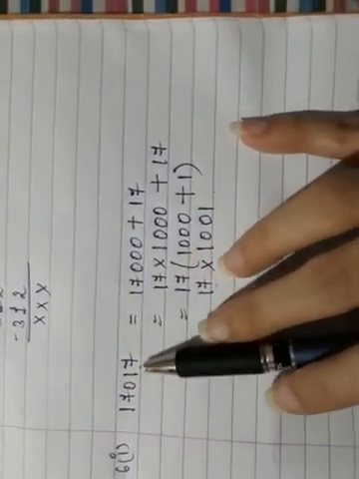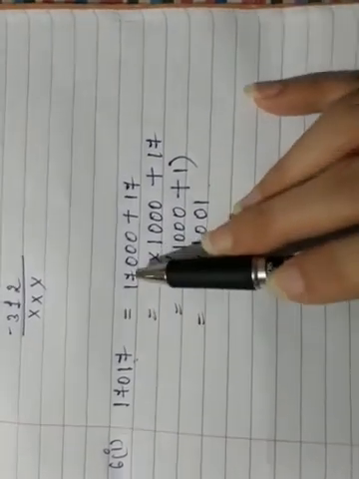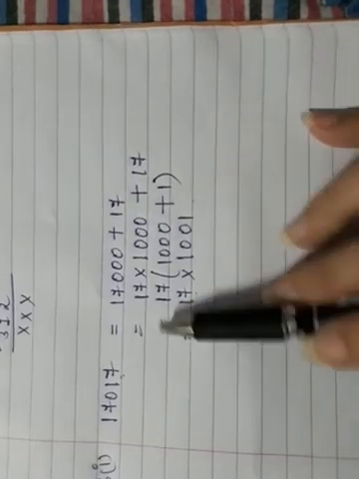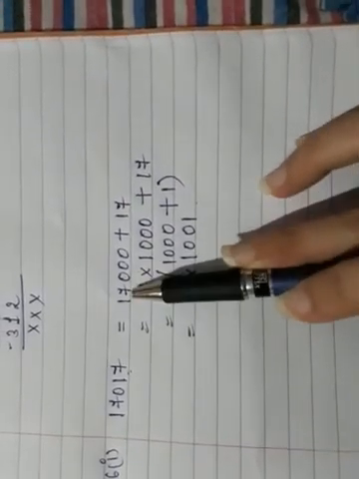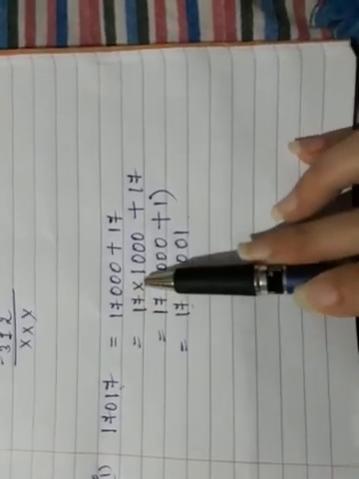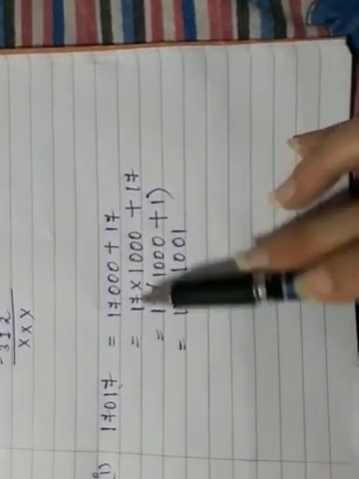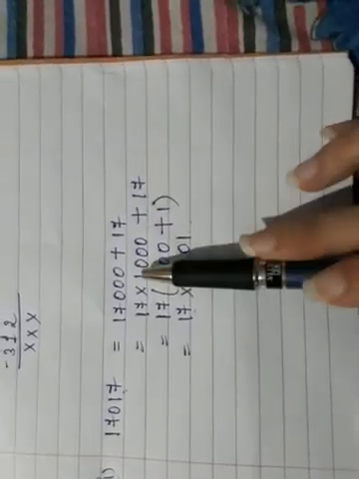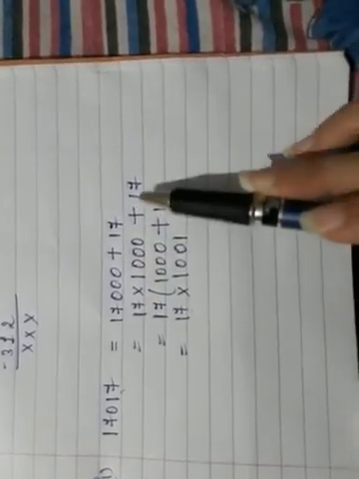See, 17,017 can be written as 17,000 plus 17. And then 17,000, I can break as 17 into 1,000. Then in these two numbers, what is common? 17 is common.